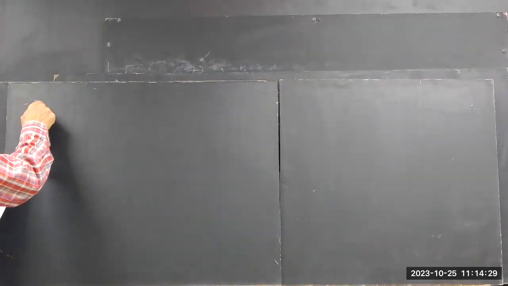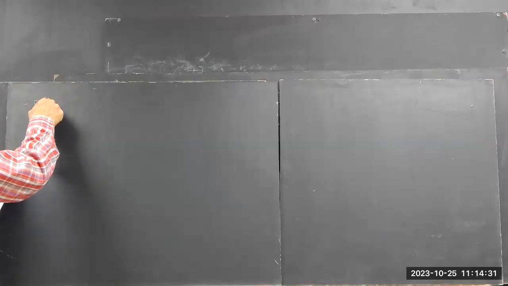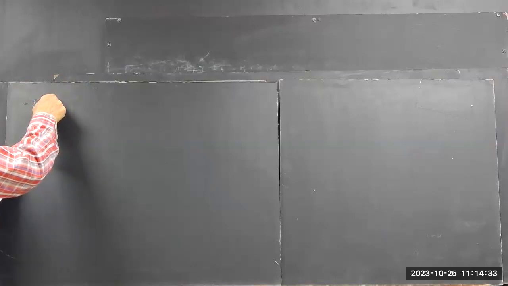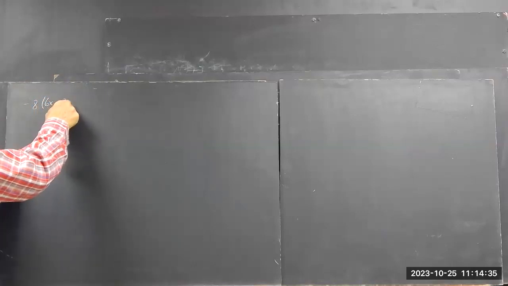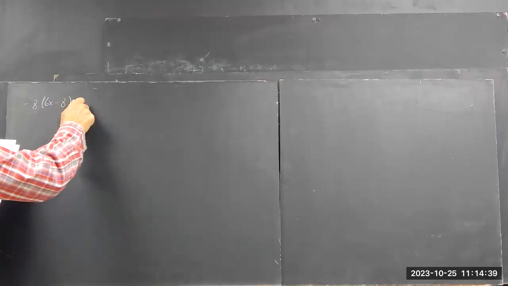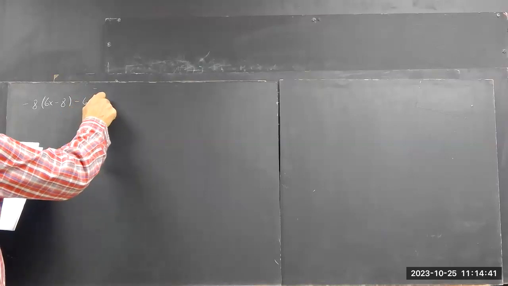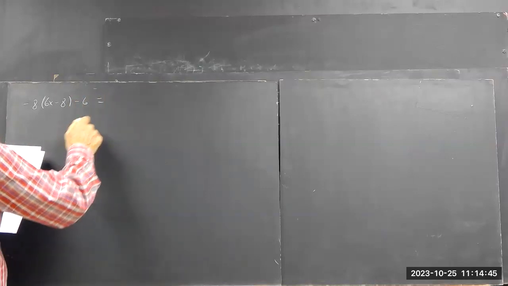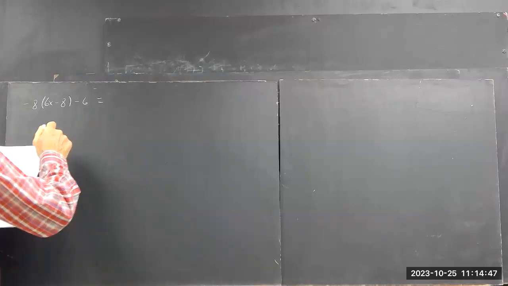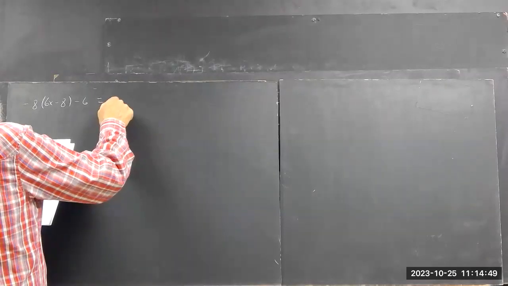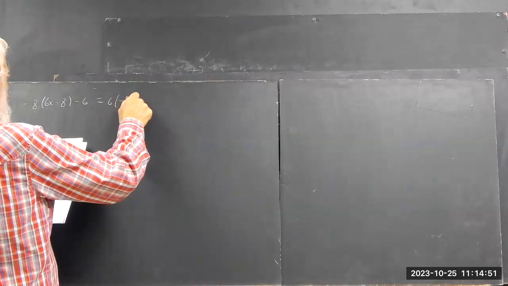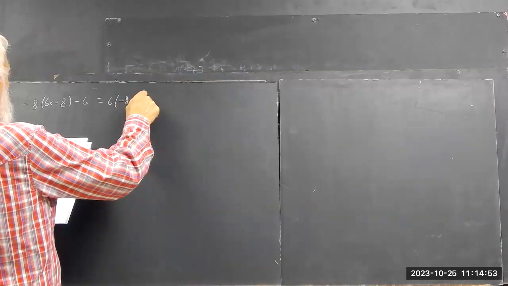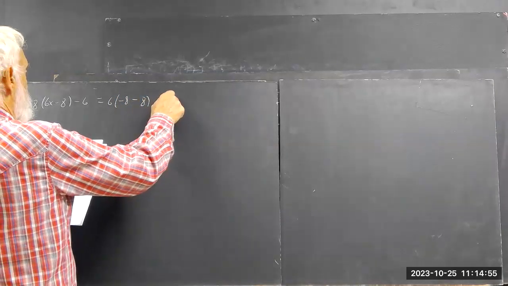Okay, now we have a problem where we want to solve for x. It's -8 multiplied by 6x minus 8, minus 6 equals... I'm going to do it like this: 6 times -8 minus 8 minus 8.